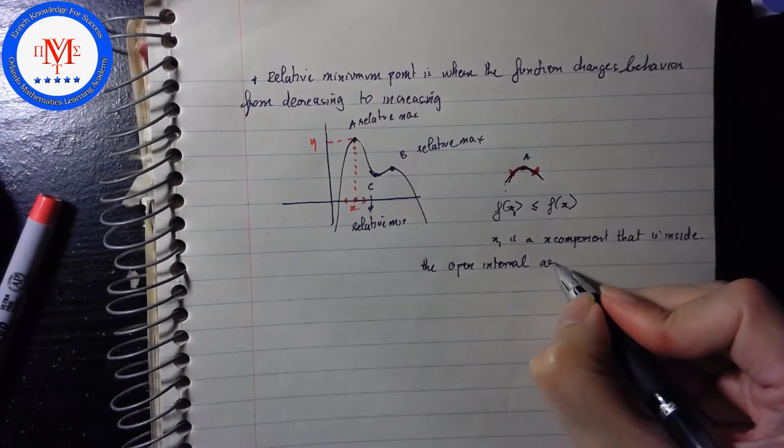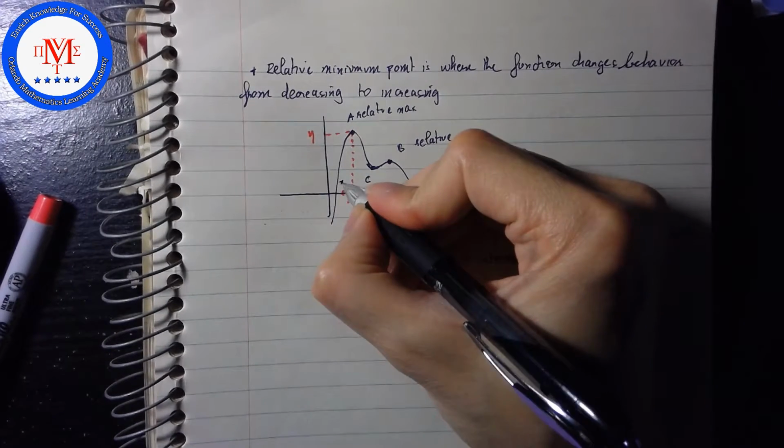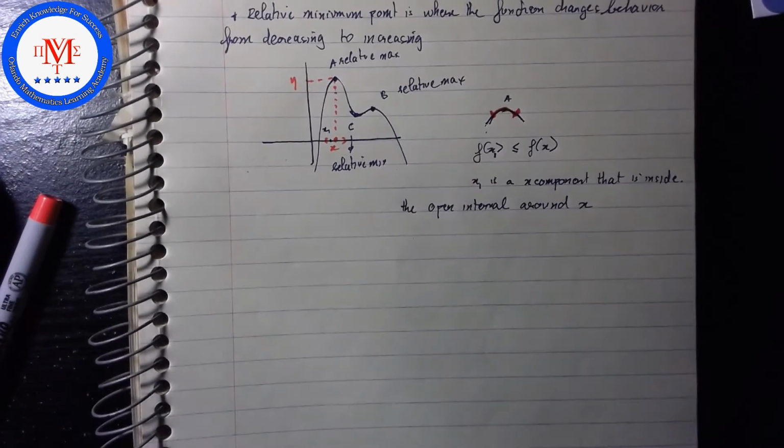So this is x over here, and x1 over here. This is pretty theoretical, but I want you to understand it, because it is very useful later. In general, if you take any x value in the open interval of x, then f of those values is always less than or equal to f of x, because f of x is the highest point. It's the relative max.